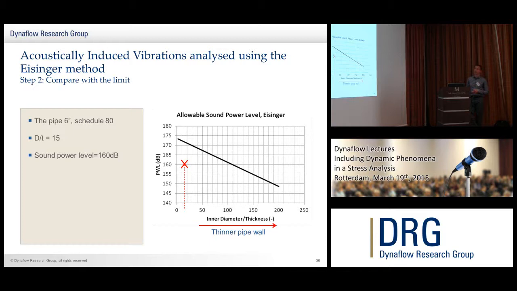Now it says 6 inch, so about 150, 160 millimeters, with schedule 80, which is 10, 11 millimeters. And we come up with a D over T of 15. So we see here, we're well within the margin from icicle. However, what's interesting is if we were to have the same power level, but a much thinner pipe wall, then we'd move into the region where we might expect failures.